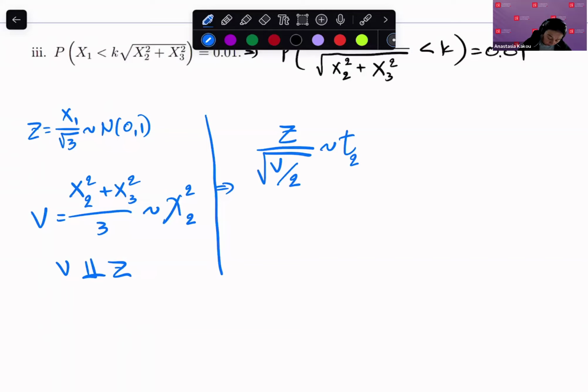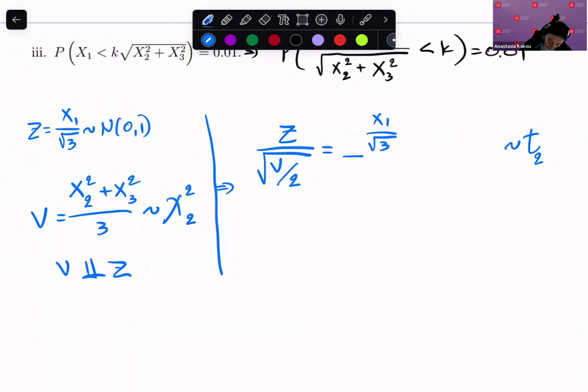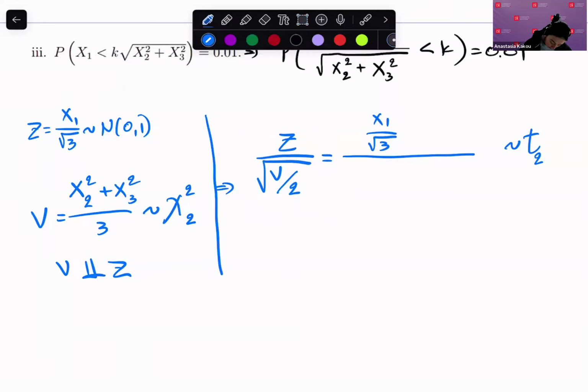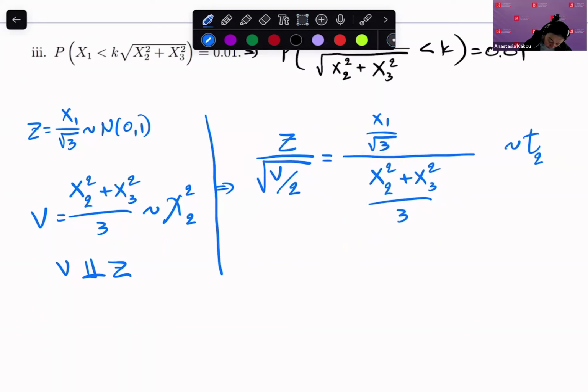And so just to put that into place for this case, we have z being x1 over square root of 3, and this is the v, and we need to scale it by its degrees of freedom, which is 2, and we need to take a square root of that.